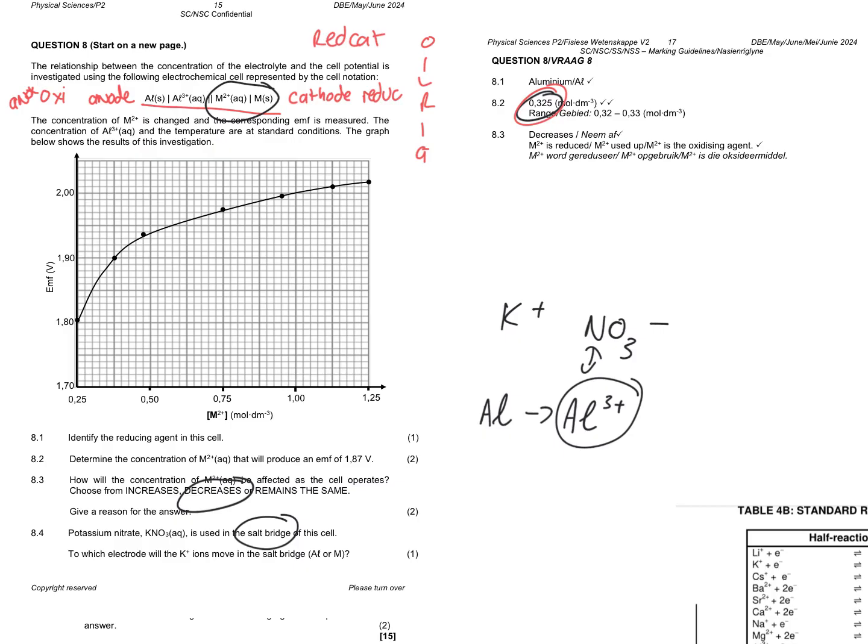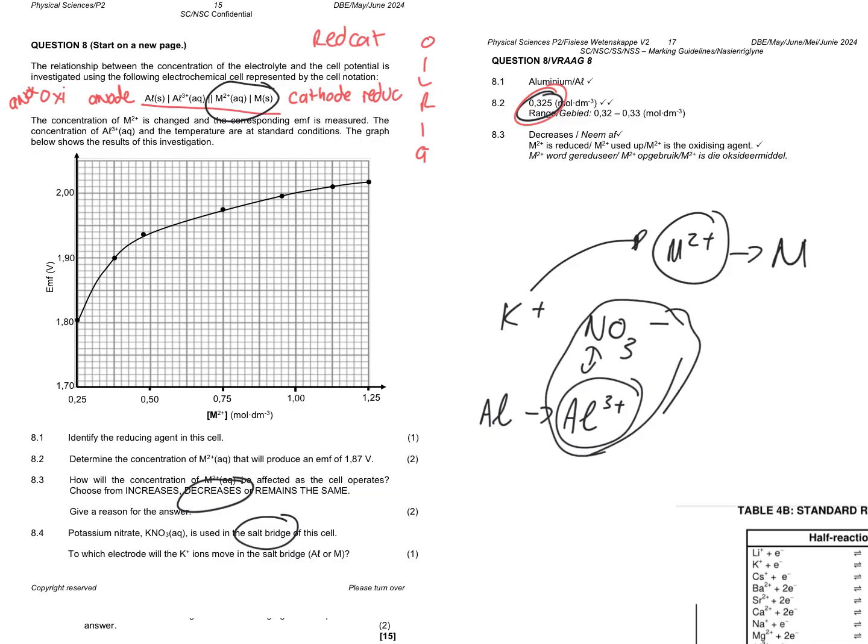On the right-hand side, the M2+ is forming M. The positive charge is leaving, and so this positive charge will go and replace the positive charge. So at the anode, the negative half of the salt bridge cancels out the increasing positive charge, and on the cathode side of the salt bridge, the positive charge goes in to replace the positive charge that's leaving.